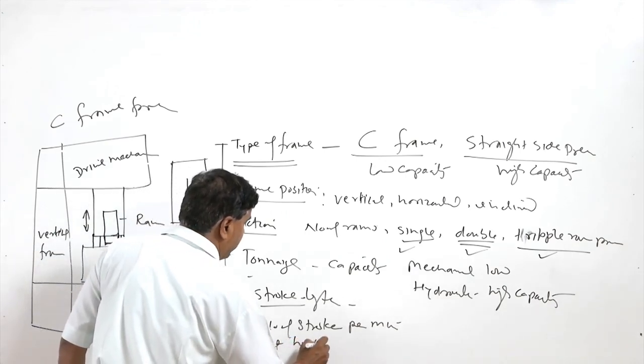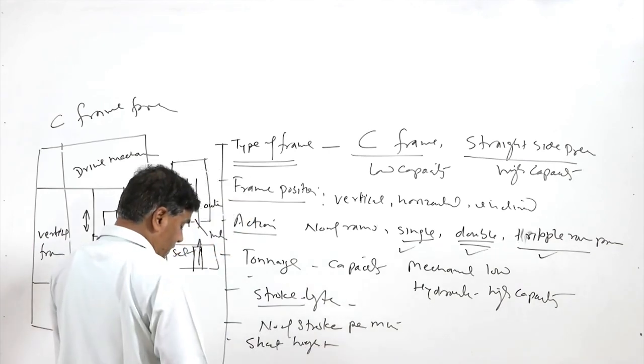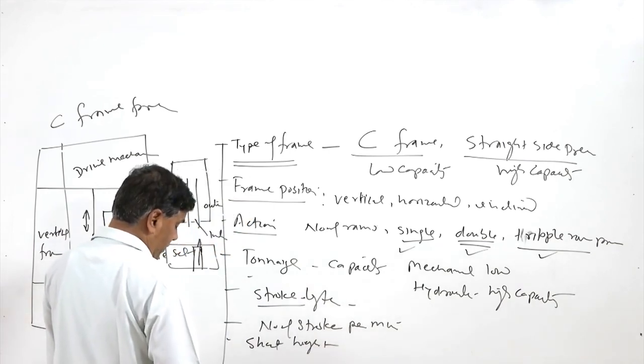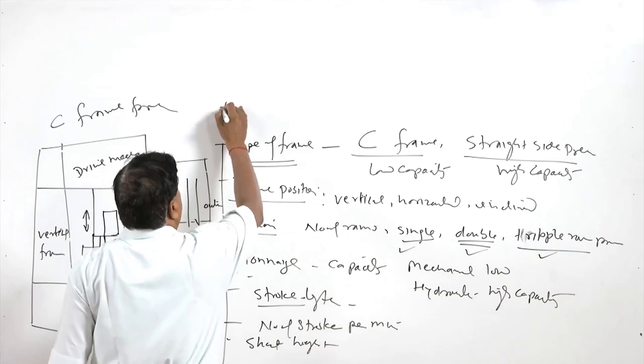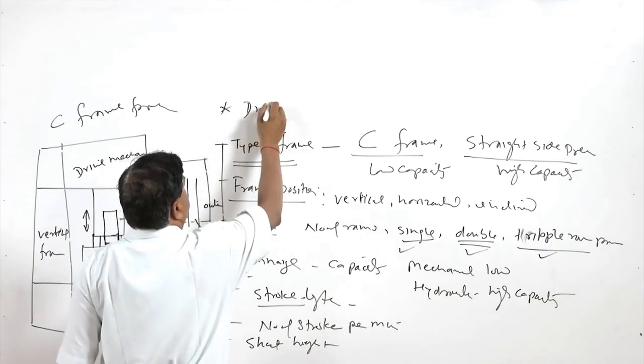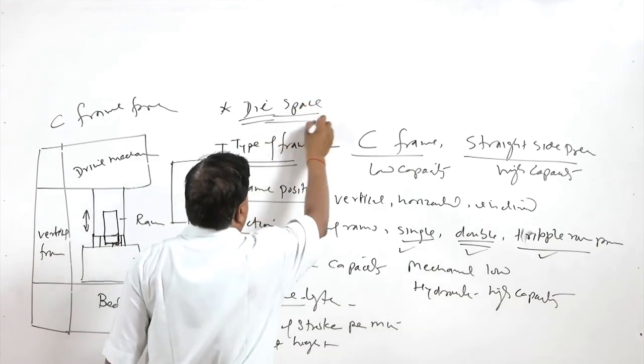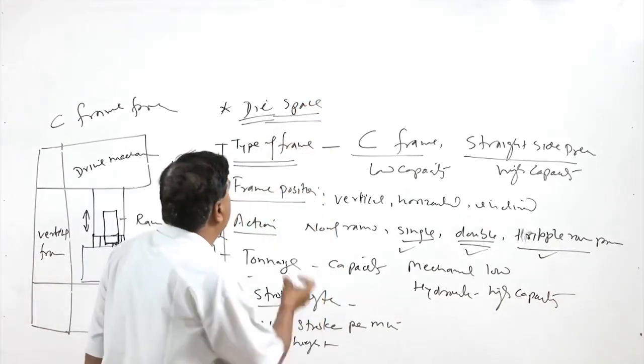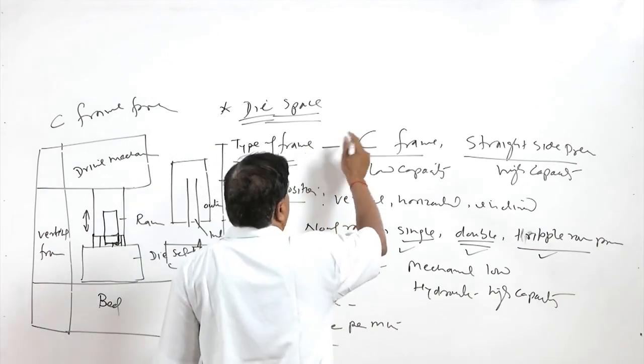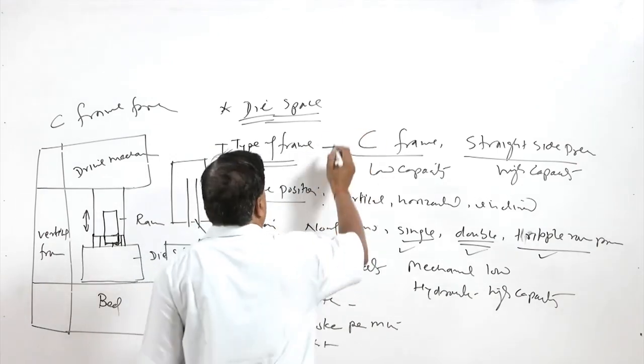I have already explained the shut height parameter, and one more is the die space, or die area. It governs the size of the bed on which the die can be accommodated and the ram can act on.